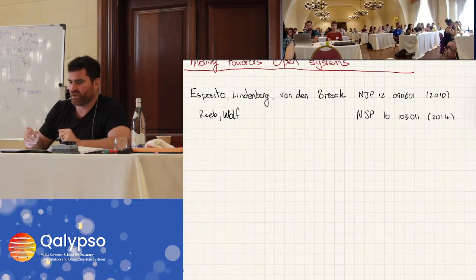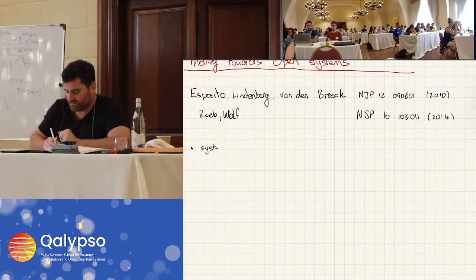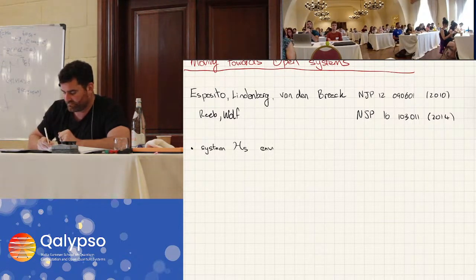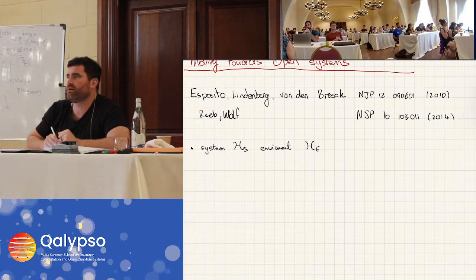The situation we're going to be considering now is some system with Hilbert space H_S, and an environment with H_E. There's going to be no condition on the initial state of the system. There'll only be a condition on the initial state of the environment.